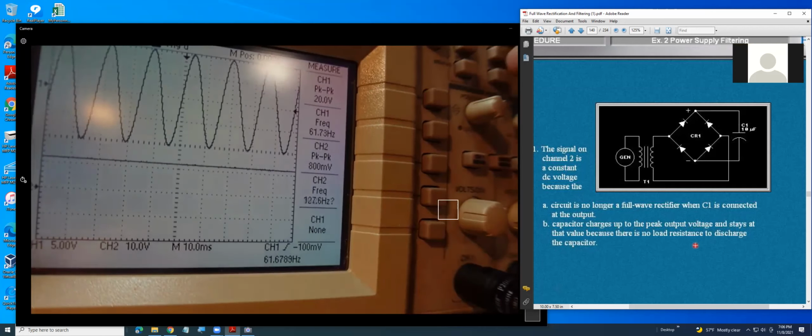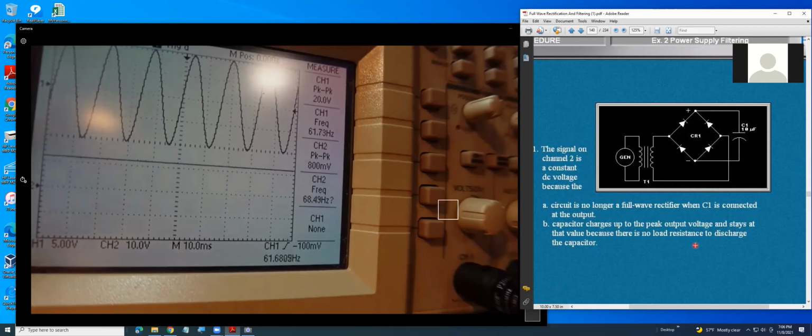Okay, yeah, that question says the signal on channel 2 is a constant DC voltage because the capacitor charges up to the peak output voltage. Let's see.